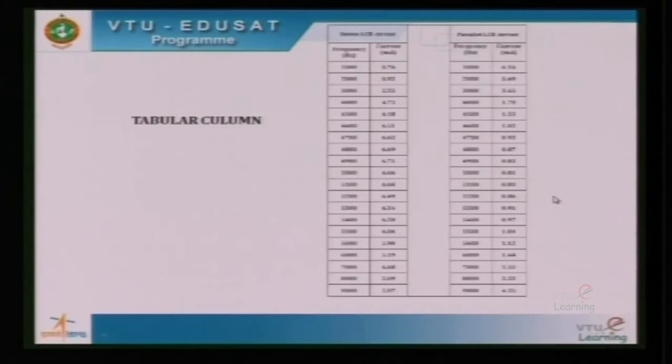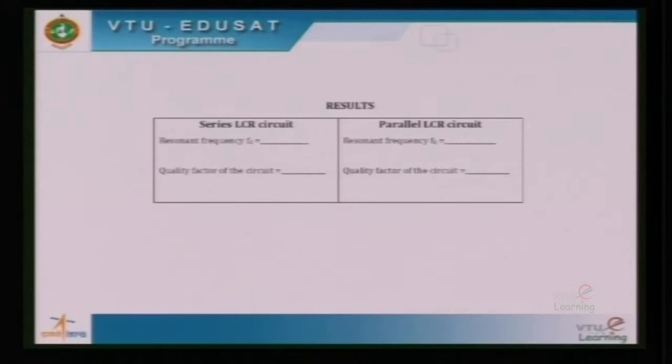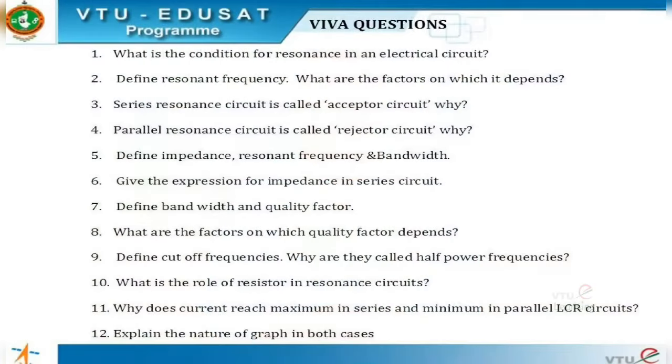The results of this experiment are tabulated as important observations: resonant frequency depends on L and C values, and quality factor of the circuit depends on the resistance used in the circuit. These are the important features of the LCR circuit, which is based on the principle of resonance. The related viva questions are listed as follows.